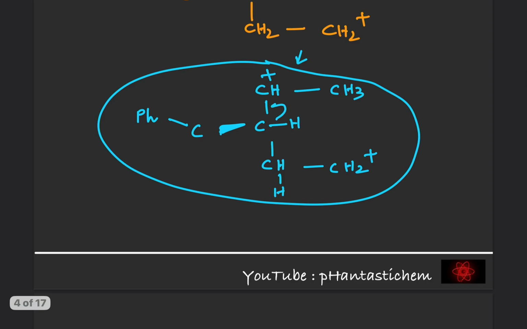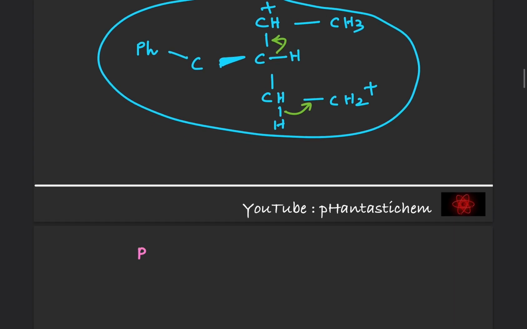I will use an arrow to show. So we will get one more alkene which is possible, that is PhCH=CH-CH=CH-CH3, CH2.